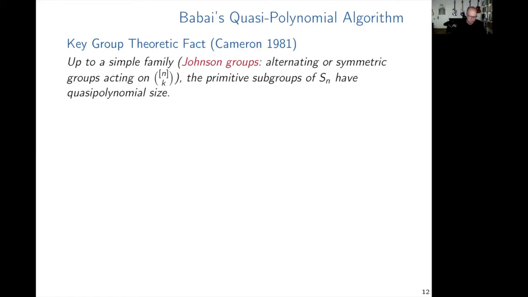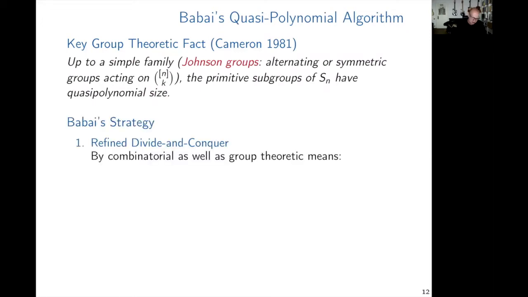I mean, Cameron's fact was known since the 1980s, and nobody knew how to do this until Babai found something. So what's Babai's strategy really on a very high level?